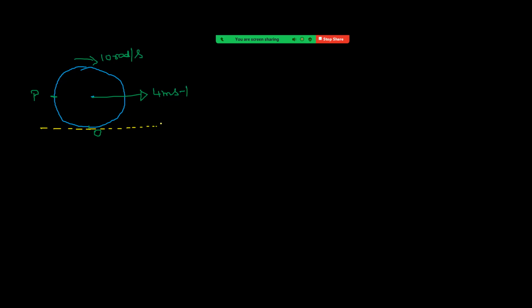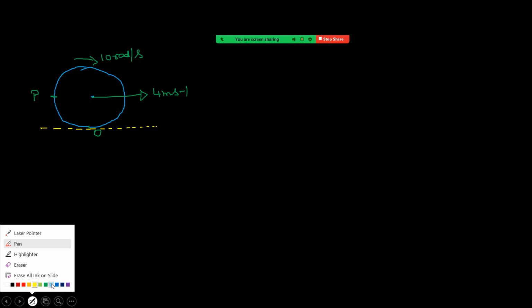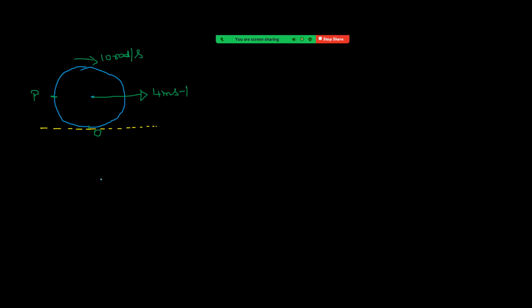Then see what we can say here. This has velocity 4. For example, that point is somewhere at some distance. So I'm taking it here, at some distance, somewhere here.